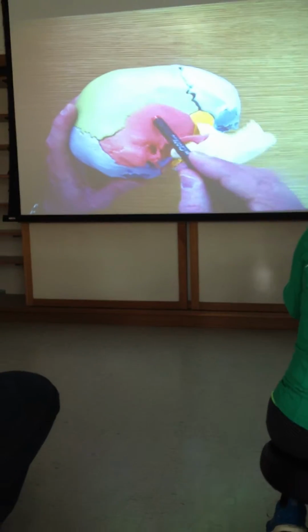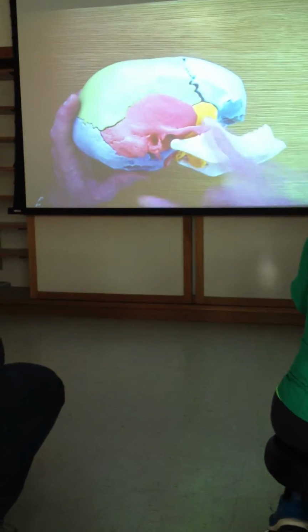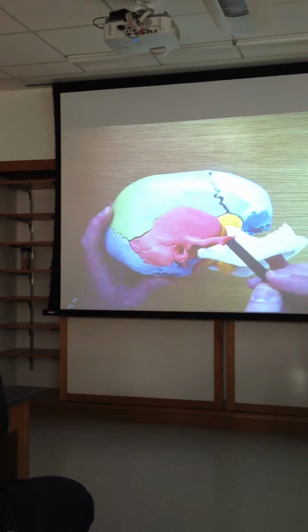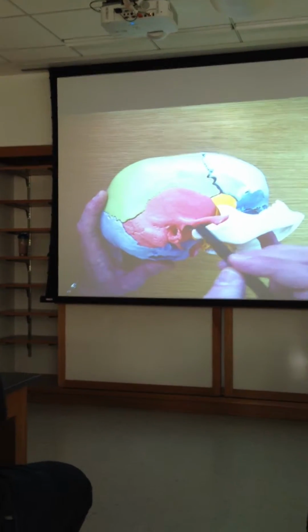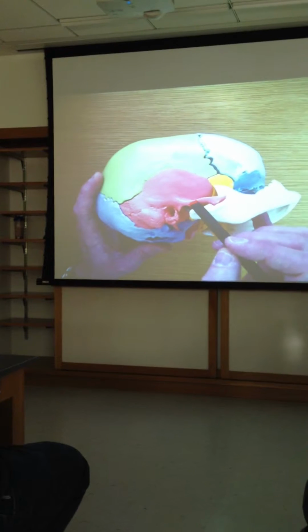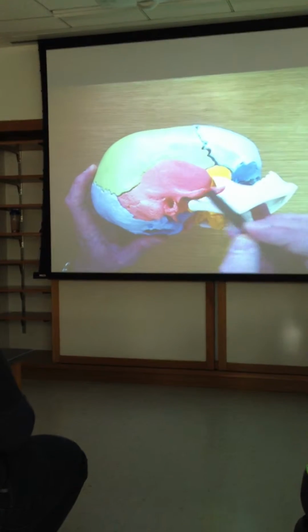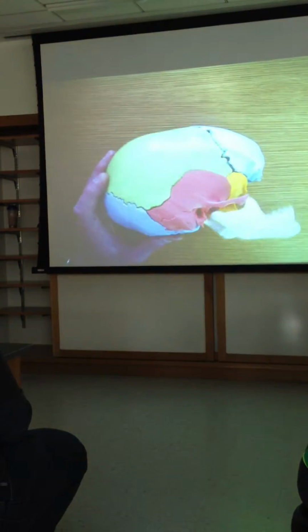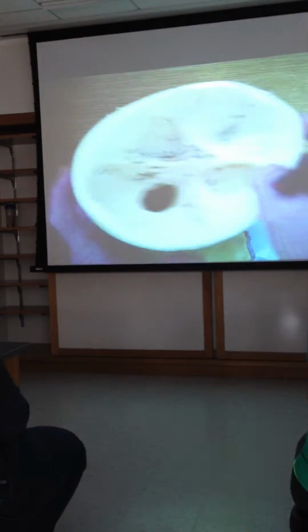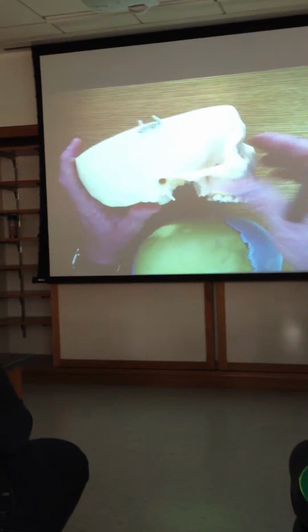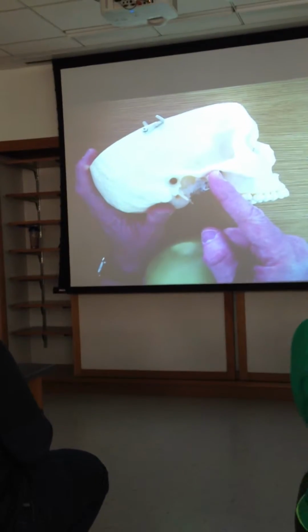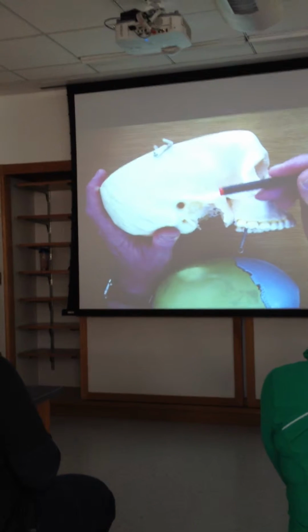Let me just mention, what bone did you say this was? Temporal. Yeah, that's the temporal bone. Okay. This here, this is the zygomatic process of the temporal bone. Okay. Now, let me show you a real skull for a second. This here to about the midway part, there's a little suture that connects the two.